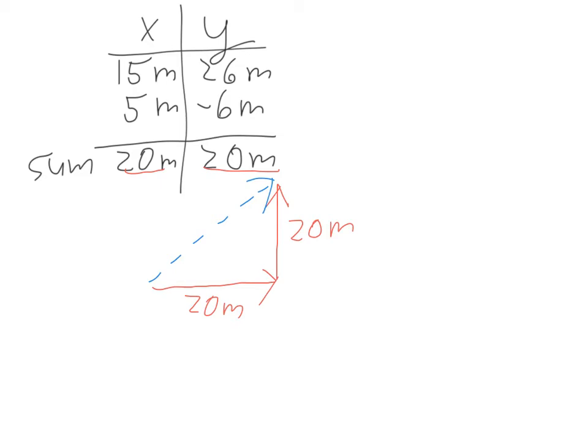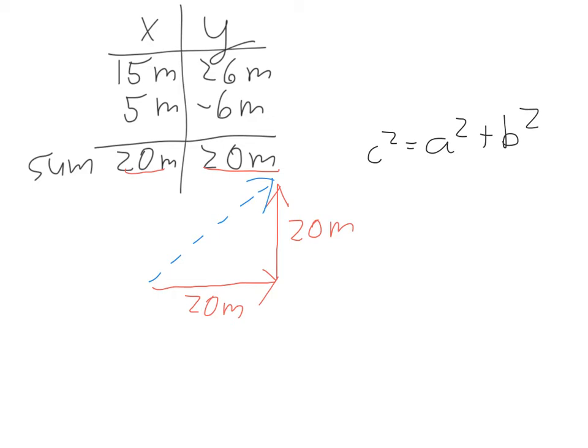I need to find not only the size of this resultant, but its direction as well. To get the magnitude of my resultant vector, I would have to employ the Pythagorean theorem, where A and B would be the legs of my right triangle that I've made.